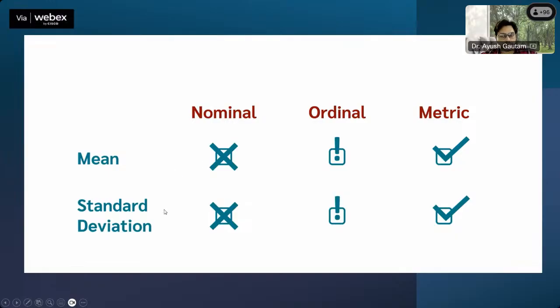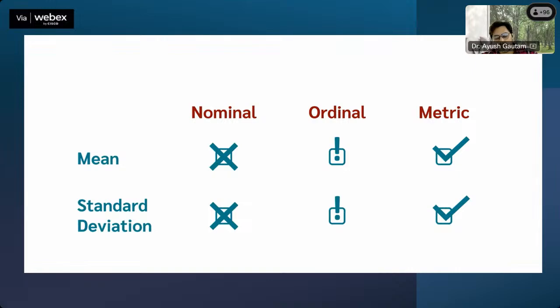In advanced statistics, we always calculate the mean and then after calculating the mean, we do further analysis. But there are a few conditions which tell us that mean can be calculated or mean cannot be calculated. So I'm talking about those conditions. And how can it be decided? First, we need to decide whether the given data is nominal data or ordinal data.